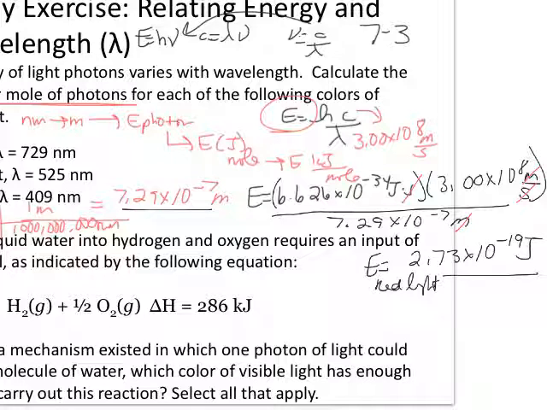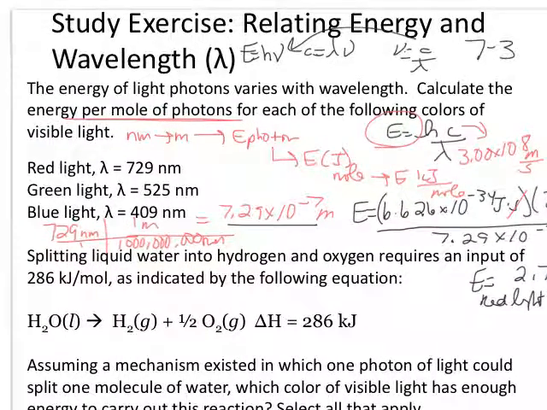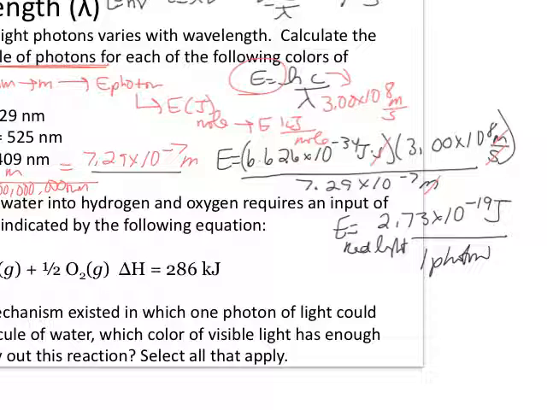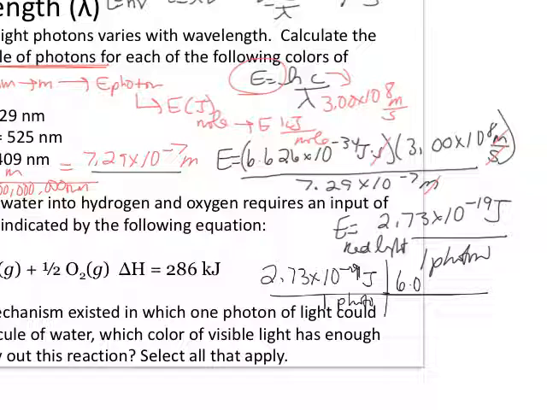Now go ahead and make this per one photon. Okay, so that's what you found for one photon. Now, the question asks per mole of photons. So you're going to take this number, 2.73 times 10 to the negative 19 joules per one photon, and you're going to use Avogadro's number, which is 6.022 times 10 to the 23rd photons per 1 mole of photons.